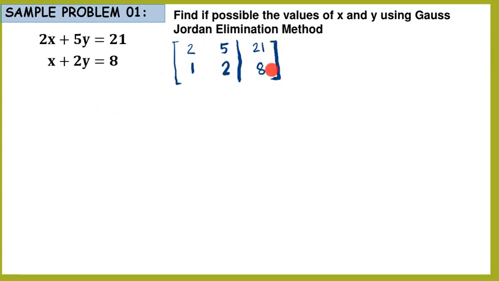And whatever number we see or we solve here will be now the value of our variable, which is x and y. So whatever values we see mamaya after our solution, that is now the value of x and y.